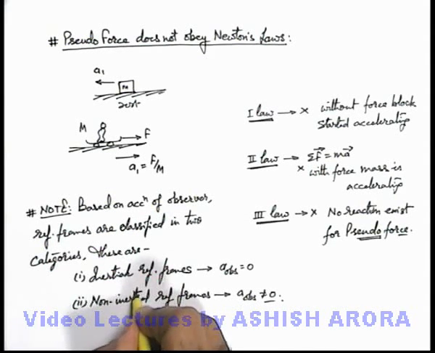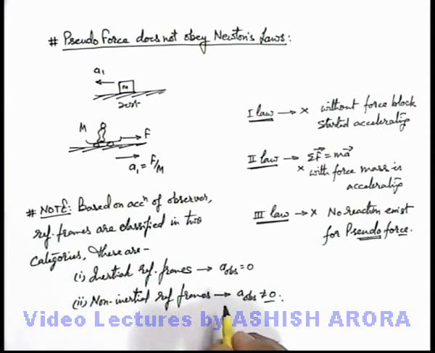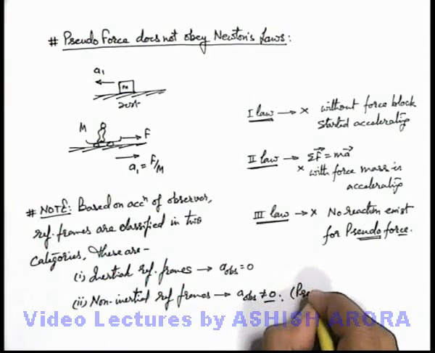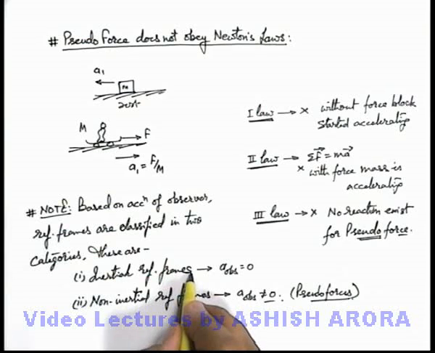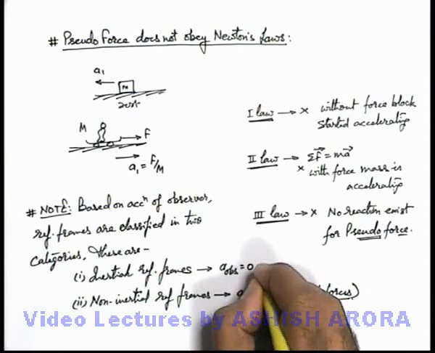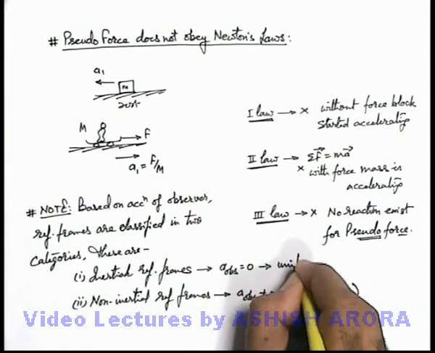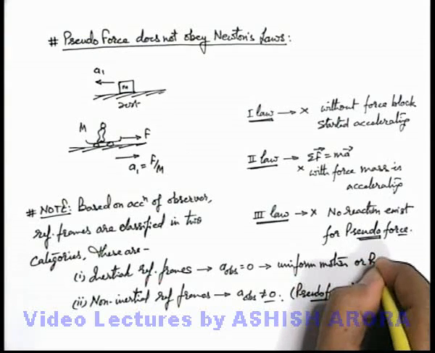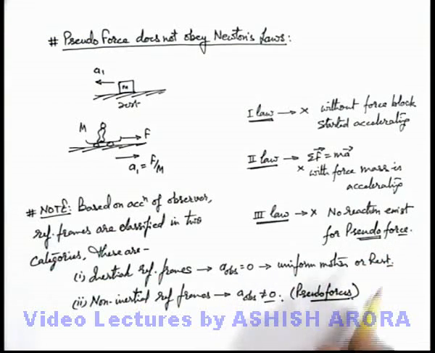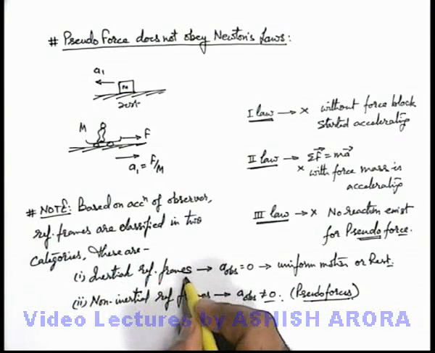So always in a non-inertial reference frame, when we analyze some object, we must consider pseudo forces. But when we talk about inertial reference frames, when our reference frames are not accelerating, which are in uniform motion, or we can also call them at rest, there is no evidence of pseudo forces seen in such a reference frame. These are called inertial reference frames.